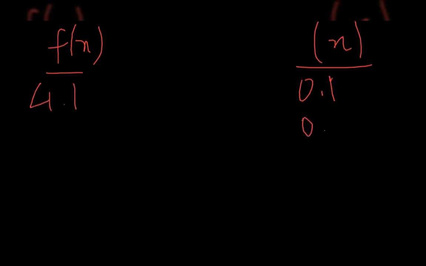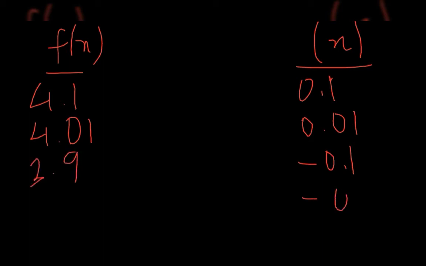Let's take 0.01, answer comes 4.01. And let's take minus 0.1. That gives 3.9. Then minus 0.01, it will be 3.99.